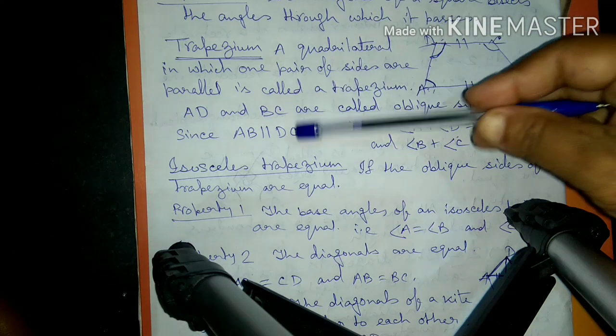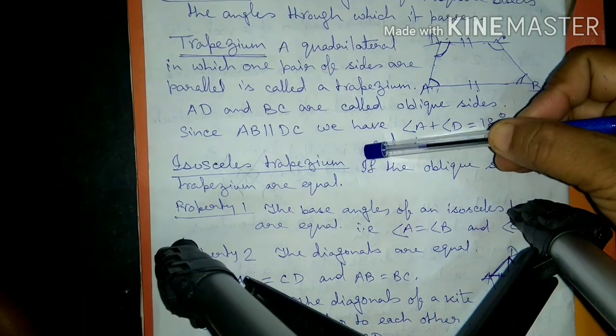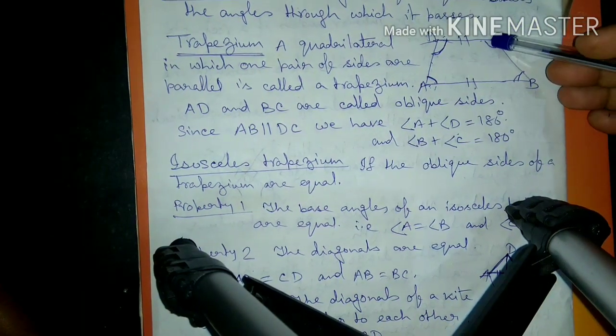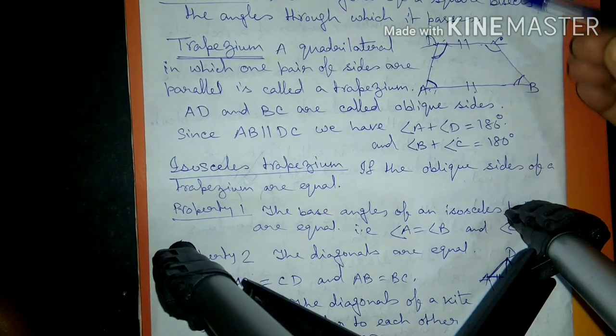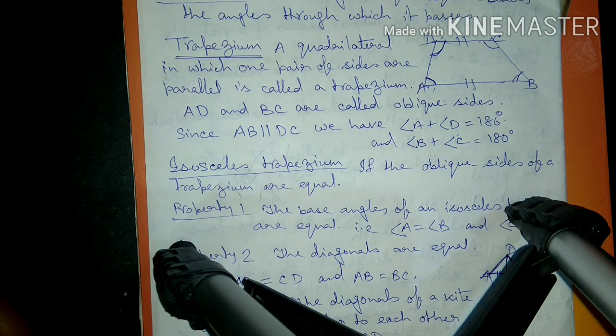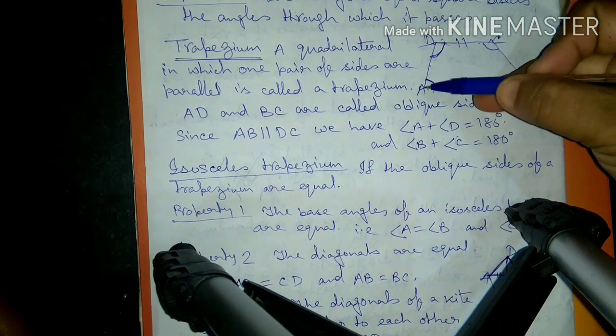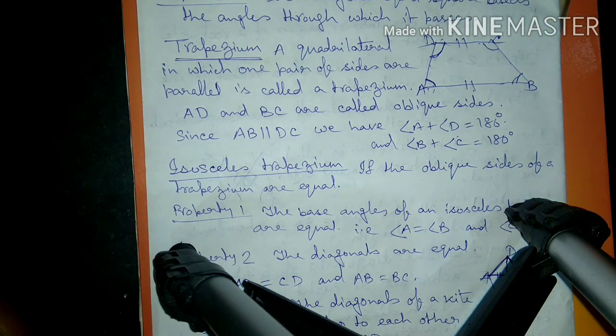Alright. Next comes the isosceles trapezium. Isosceles trapezium means one pair is already parallel, we know that. But if these oblique sides are equal in length, that means if AD becomes equal to BC, then that is called an isosceles trapezium.